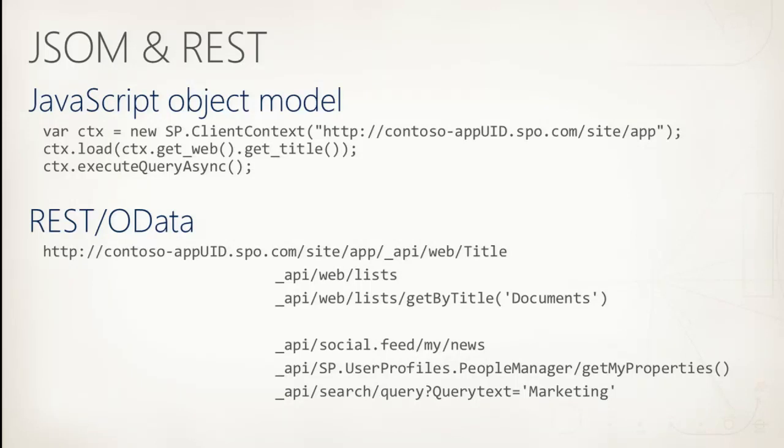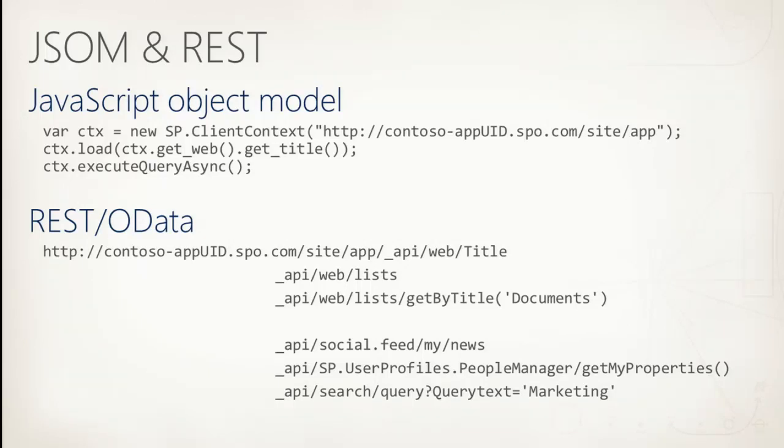I have a couple of examples here like /web/title, and /web/lists will get you to the lists of that particular web, and so forth. And not just with the web objects, but also with social pieces like /social.feed, /my/news will get you to the context of your news feed.